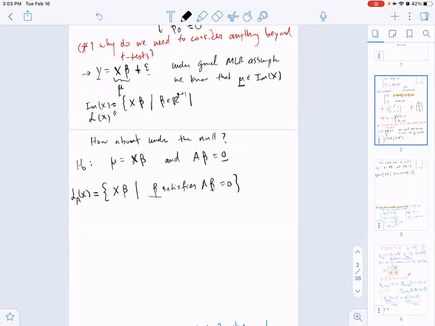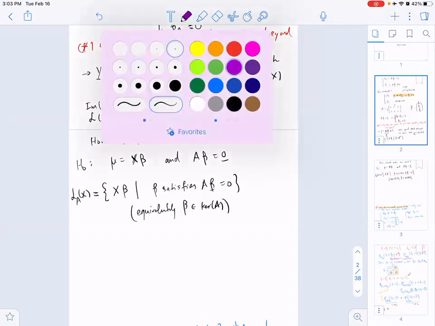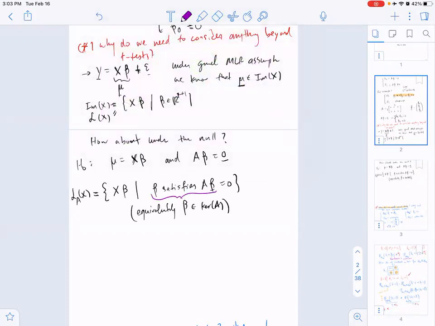Another way of saying it is that beta belongs to the kernel of A. So instead of looking at all betas, I'm going to look at all the betas that are in the kernel of A. That's a formal way of writing it, if you remember what the kernel was. This defines a new set of vectors, equivalently.